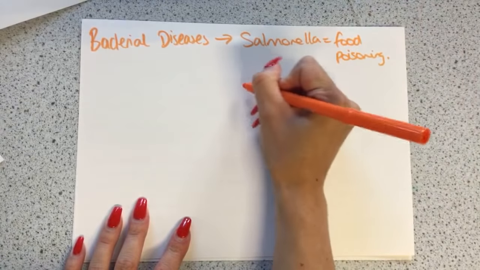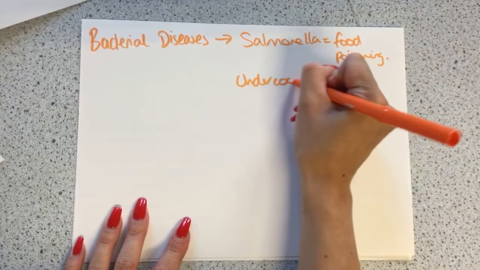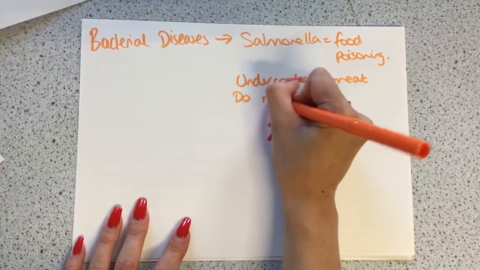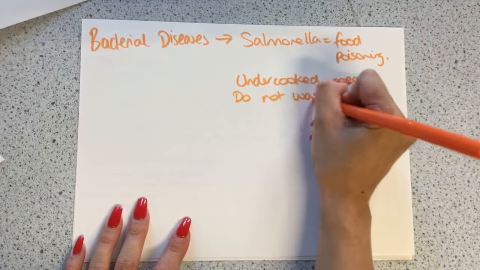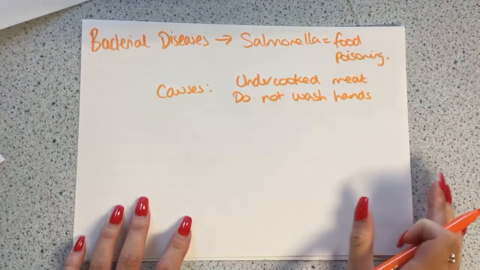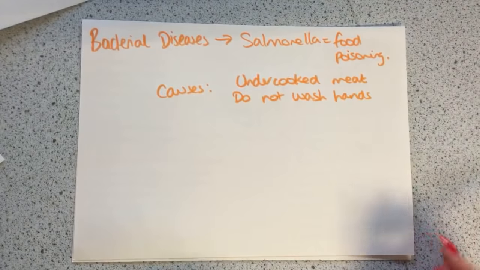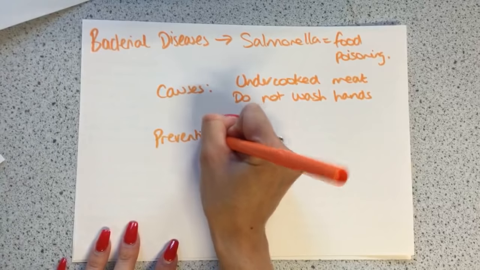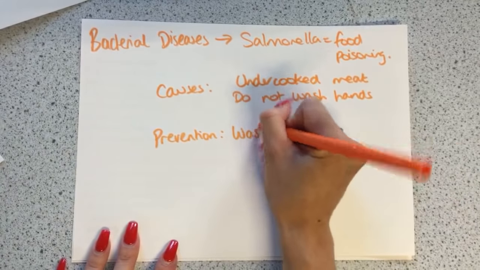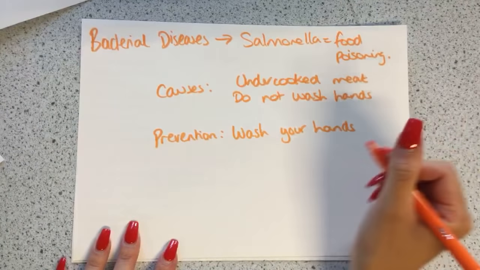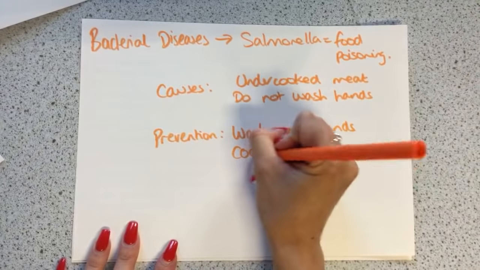You get this from undercooked meat, or if you do not wash your hands and you touch raw meat and then you touch cooked meat. I'm going to put causes. Or you could talk about contaminating your meat that you've cooked with uncooked meat. And then prevention is really simple. Wash your hands or wipe down your work surfaces with disinfectant, or you can just say cook food thoroughly.